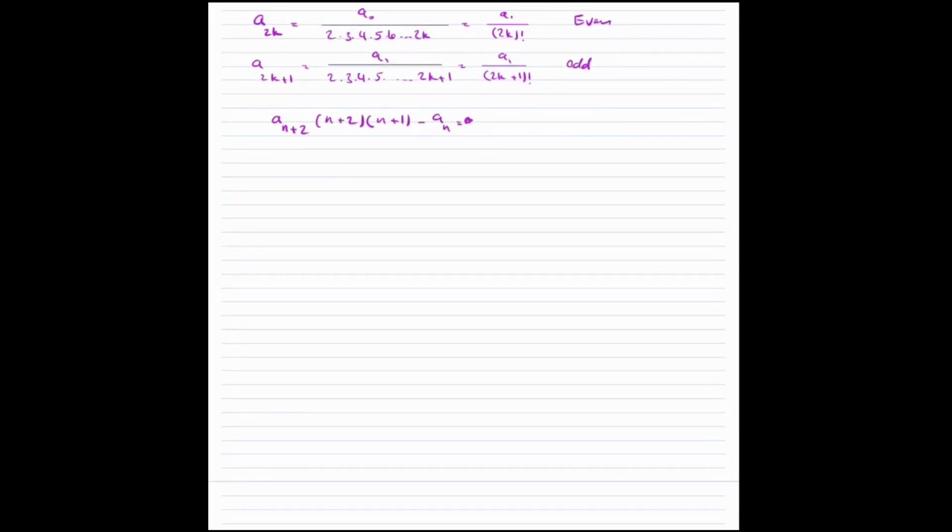We're going to solve it for a_{n+2}. What we get is a_{n+2} equals a_n over (n+2) multiplied by (n+1), for n equals 0, 1, 2, and so on.